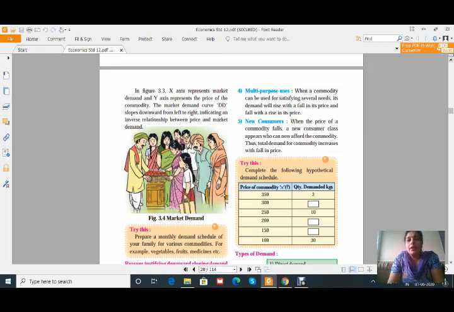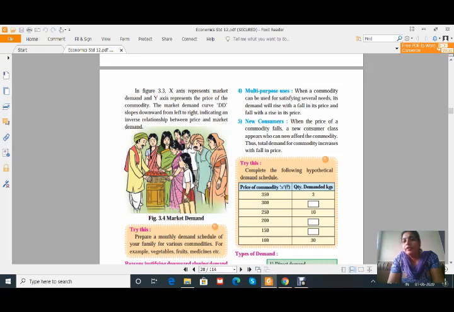If the price per unit electricity charge gets reduced, definitely we will try to consume more. But if the price per unit of electricity increases, then we will try to consume less. This is known as multi-purpose uses, and that's why the demand curve always slopes downwards, because it shows the inverse relationship between the price and the use of the commodity.